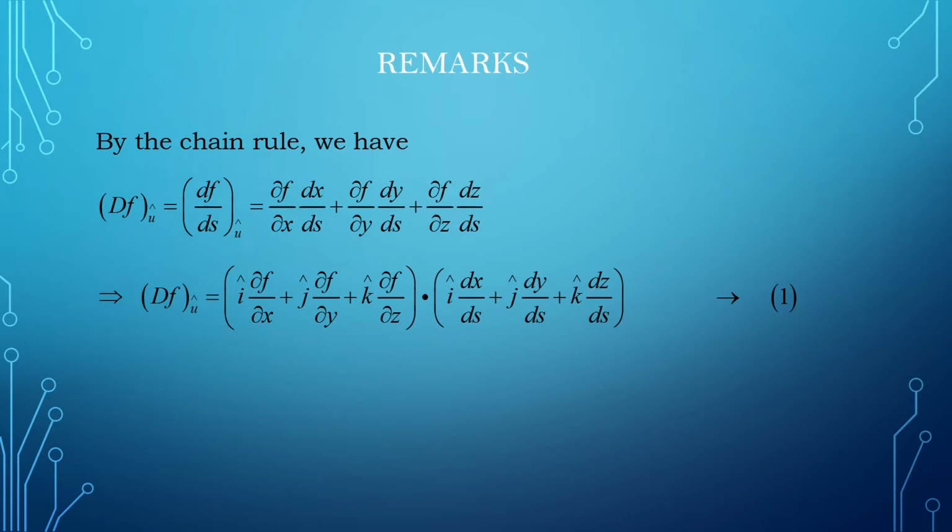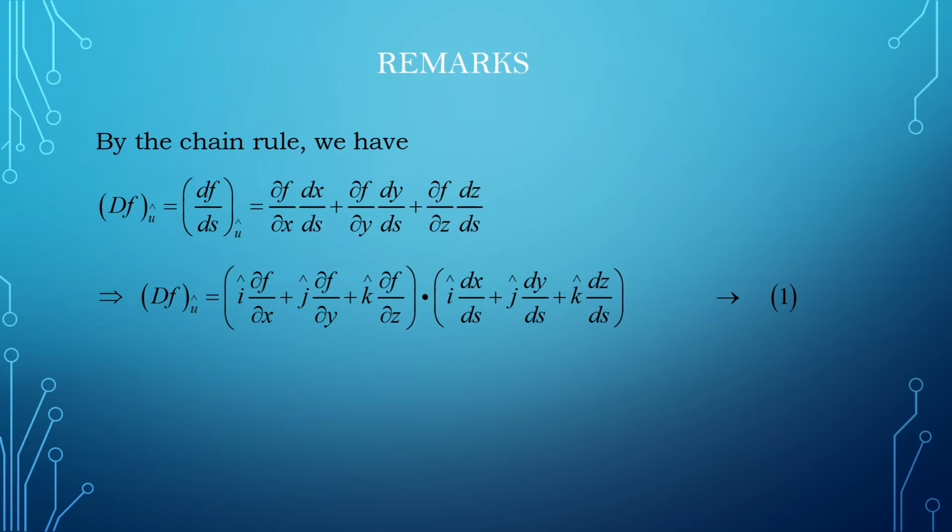This formula df sub u cap equals limit s tends to 0 of f of x0 plus u1s comma y0 plus u2s comma z0 plus u3s minus f of x0 comma y0 comma z0, upon s, resembles the differentiation formula df of x by dx of a function of a single variable in our calculus.